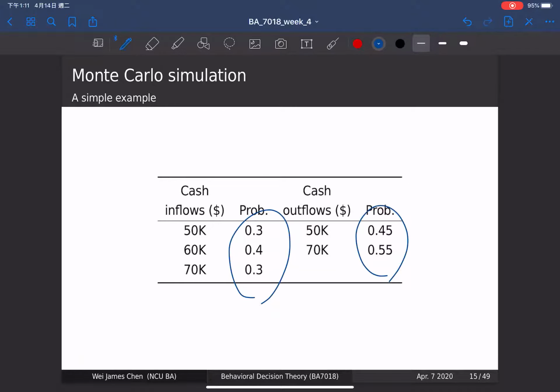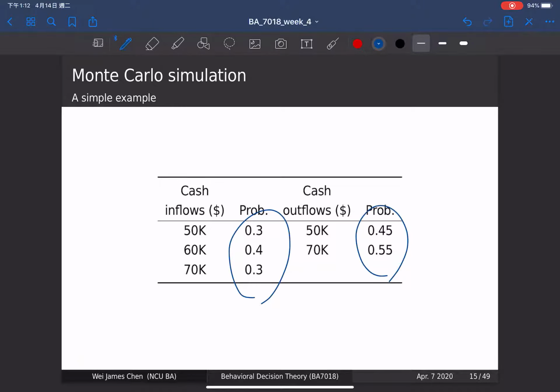And if you just want to know the net profit, then the expected net profit can be easily calculated as the expected cash inflow minus the expected cash outflow, right? But this is just one number. This is the expected net income, but you might want to know the whole distribution of all possible incomes and their associated probabilities.